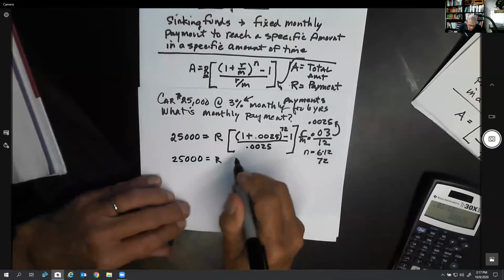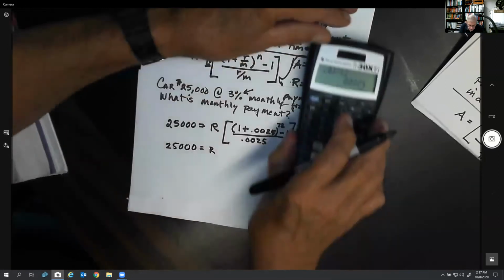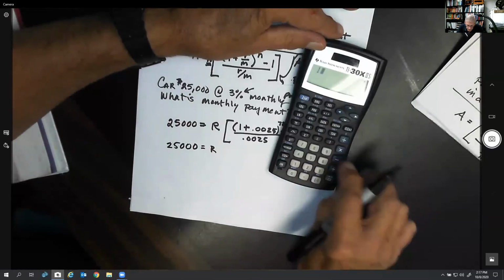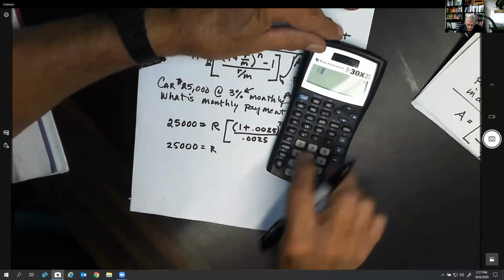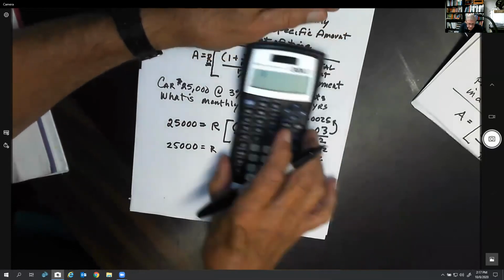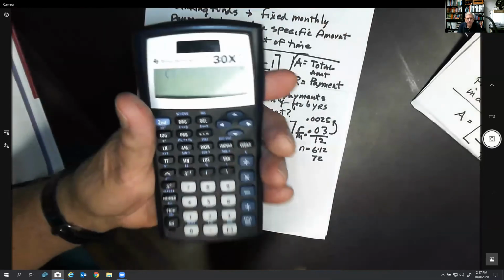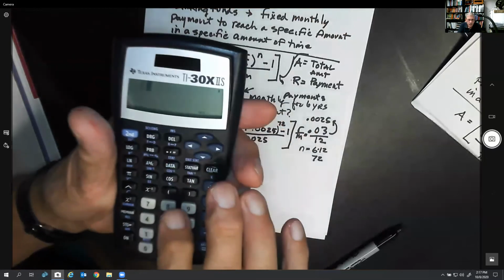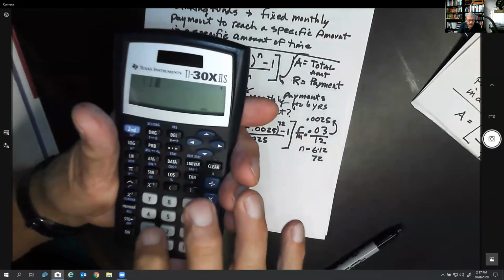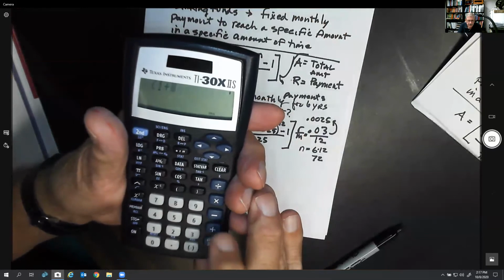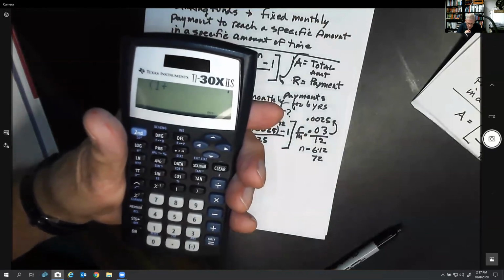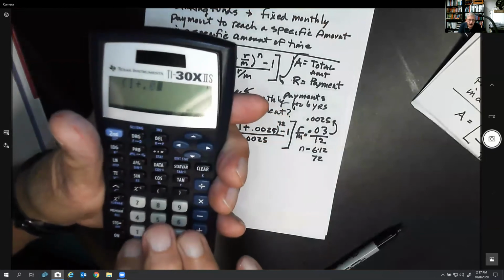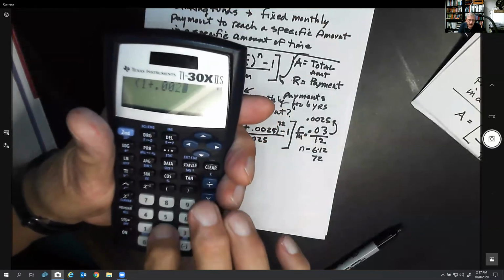So now I'm going to go to work on my calculator. Let's put the parentheses first. I'm going to put it up here so you can see. Right here, 1 plus 0.0025.